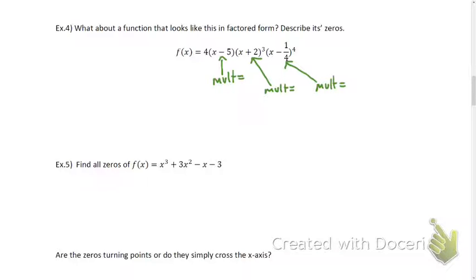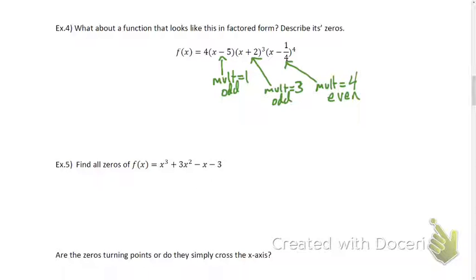And in x minus 5, that has a multiplicity of 1, and that's an odd number. We have multiplicity of 3, which is an odd number. And we have multiplicity of 4, which is an even number.